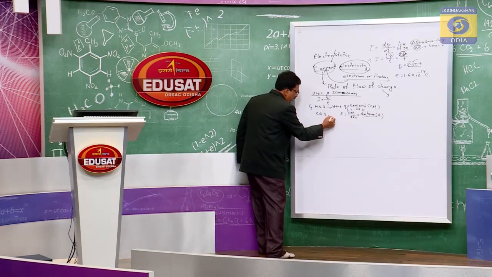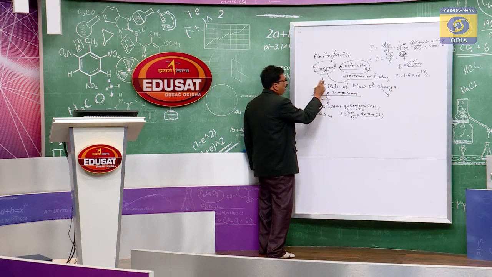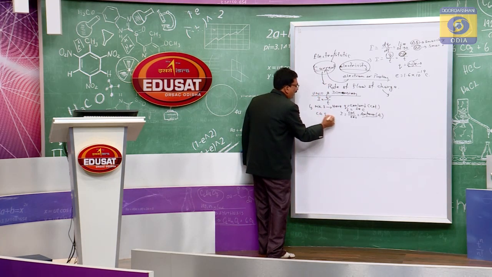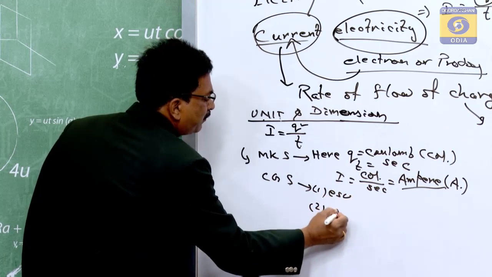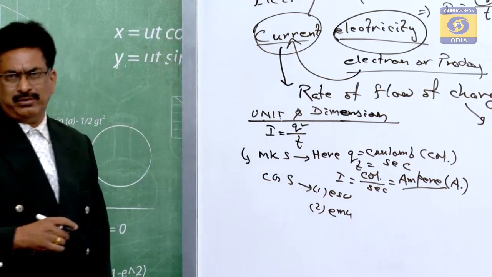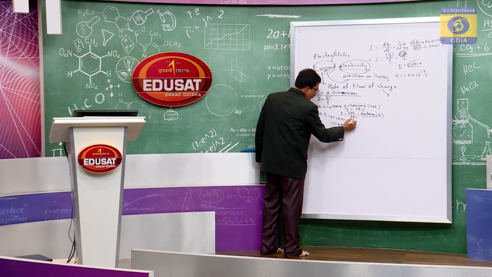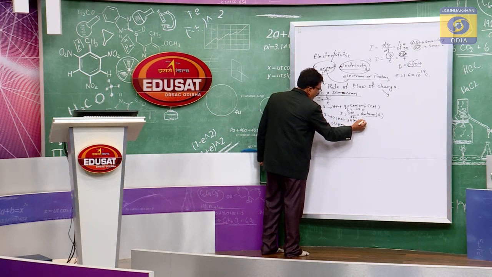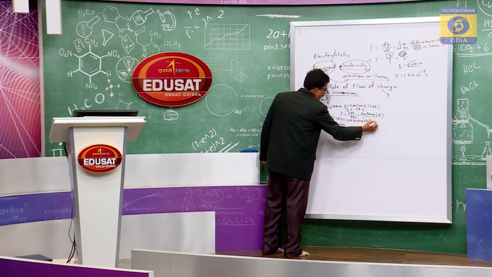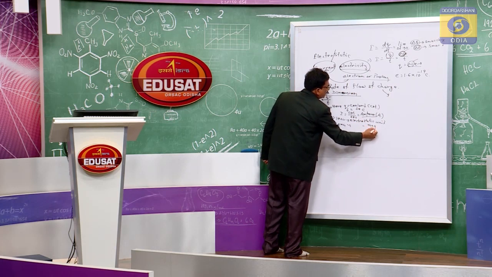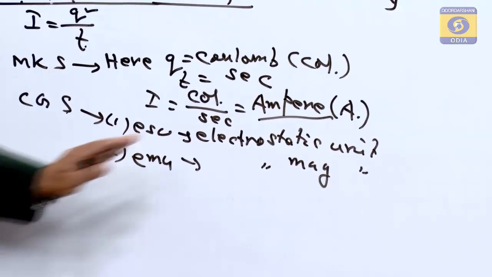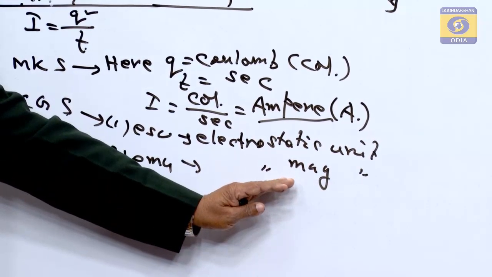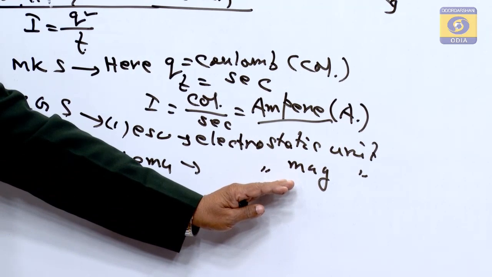And if we go for the CGS, in current electricity it is divided into two types: one is the ESU, one is the EMU. ESU means electrostatic unit, and the other is the electromagnetic unit. You have some idea from the previous chapter. Electromagnetic unit means that due to the flow of the current, it produces a magnetic field.